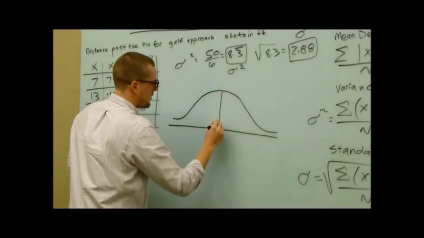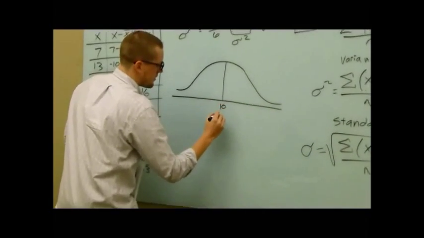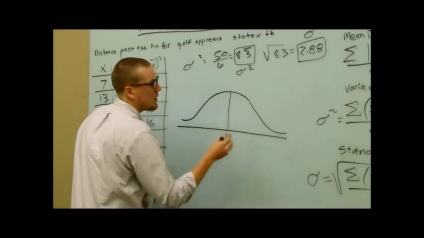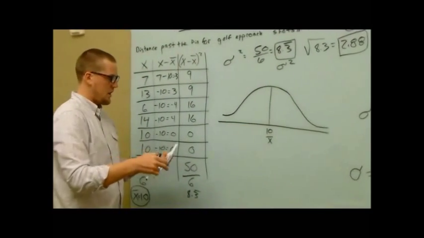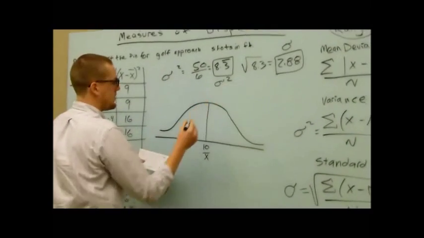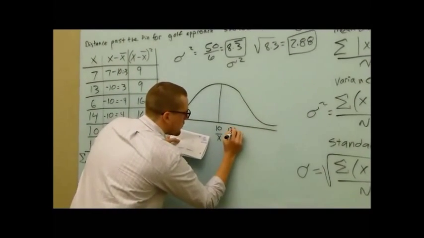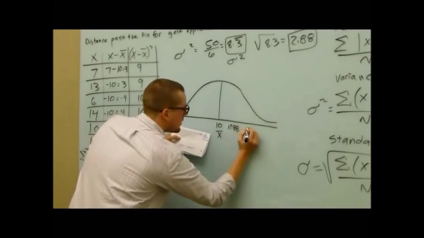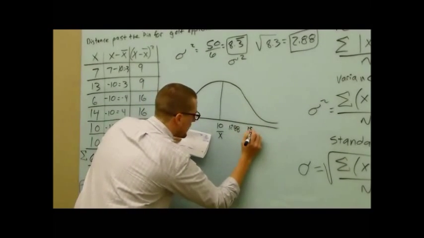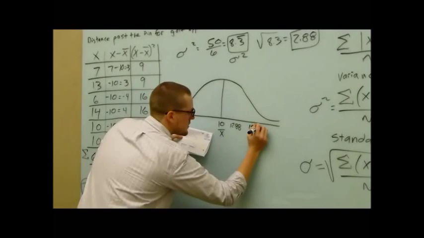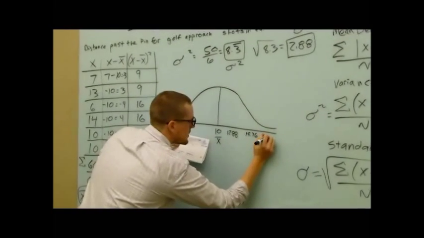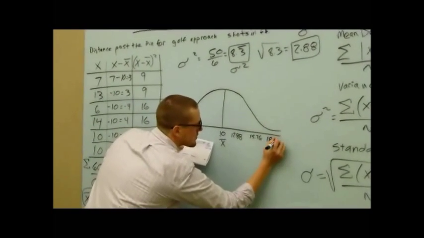Here we have 10 as our middle, as our mean. And then from there, we add 2.88, giving us 12.88, 15.76, and then 18.64.